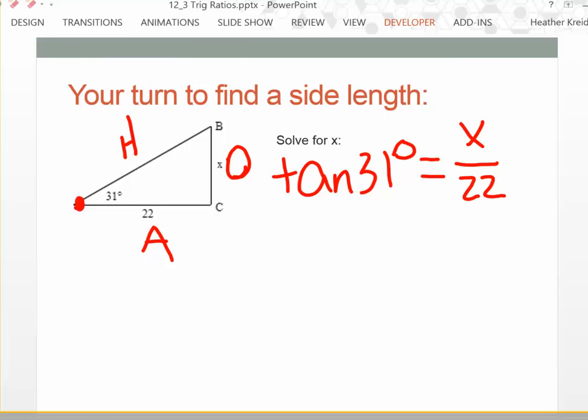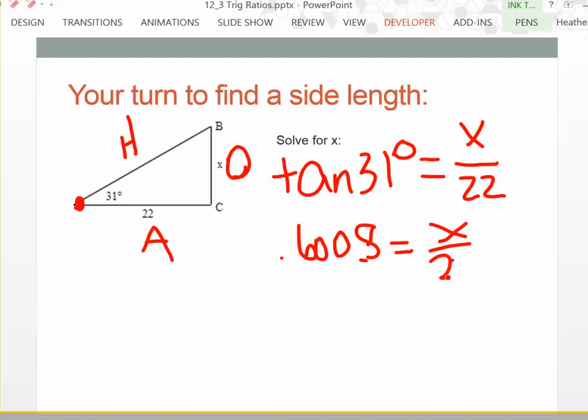Okay, so we've got that as 0.6008 equals x over 22, and we just want x. So as we saw the last time where we cross multiplied, this time I'm just going to do the algebraic method. I'm just going to multiply both sides by 22. Sorry about these numbers. I know they look kind of funky.